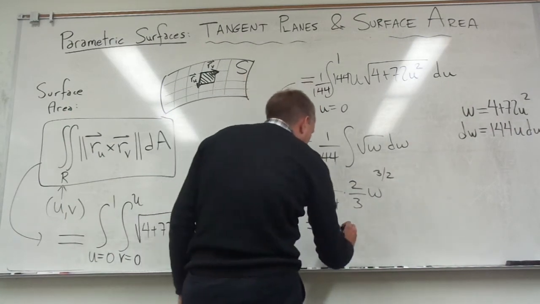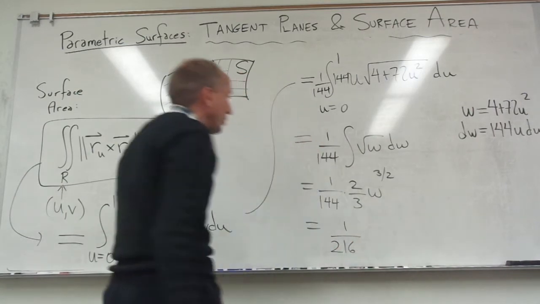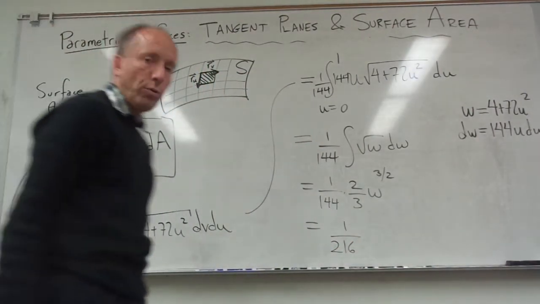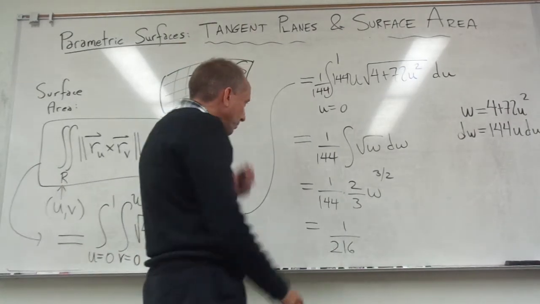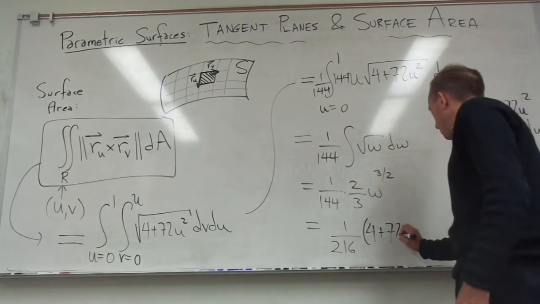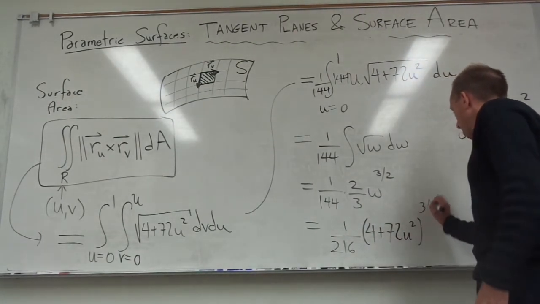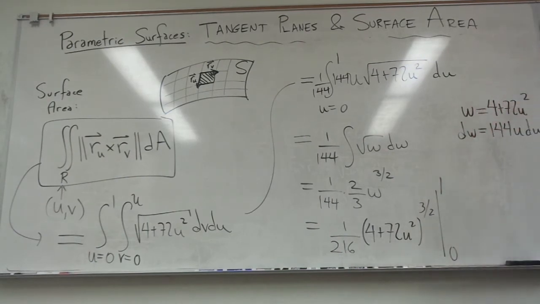And then I'm going to go back. When you simplify 2/3 of 1 over 144, you'll get 1 over 216. And then I'm going to go back and put in what w was, 4 plus 72u squared to the 3/2. And now that has to be evaluated from 0 to 1.